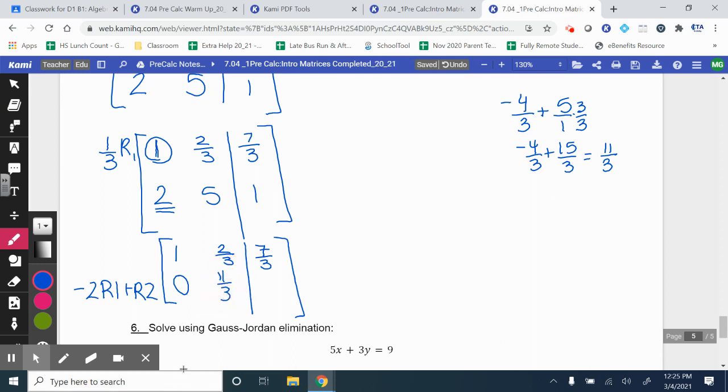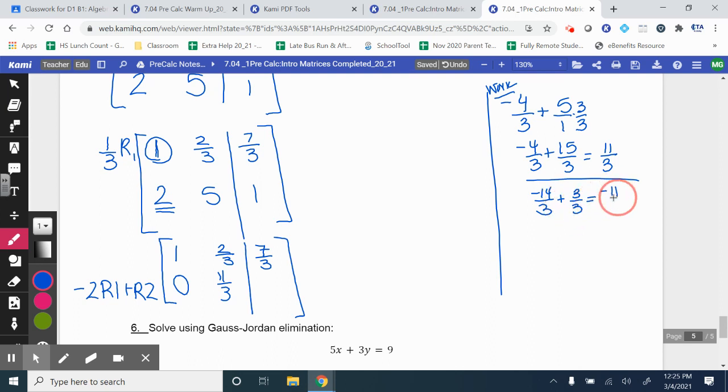And then I'm going to do -2 times 7/3. So notice I'm always going back to the matrix before this one. So -2 times 7/3 is -14 over 3 plus 1. So again, if you want to do that off to the side, -14 over 3 plus 1, or that's plus 3 over 3.